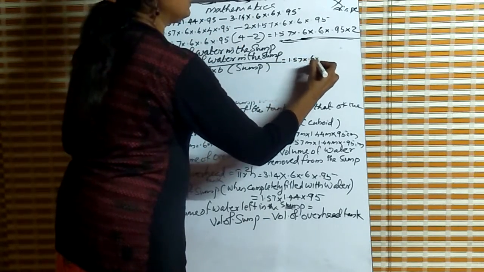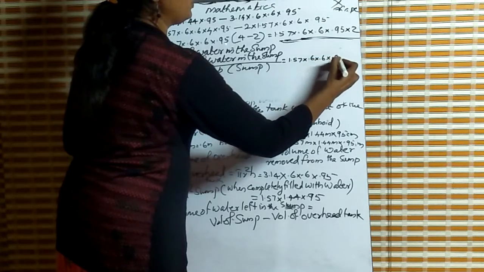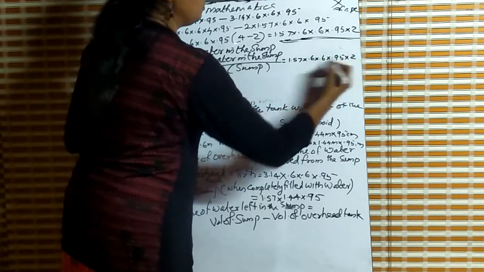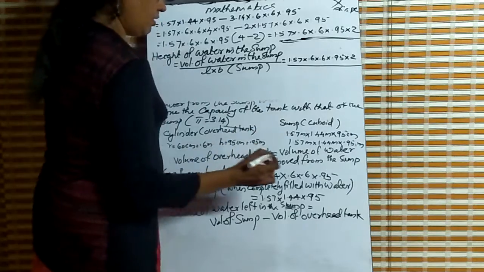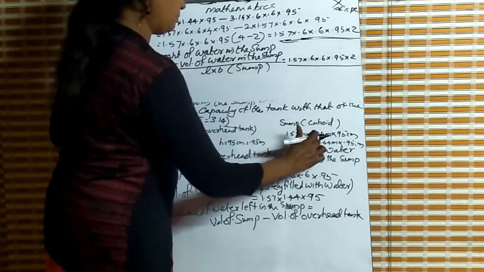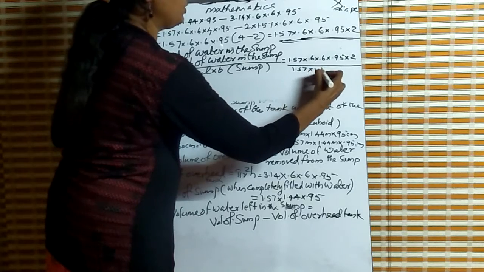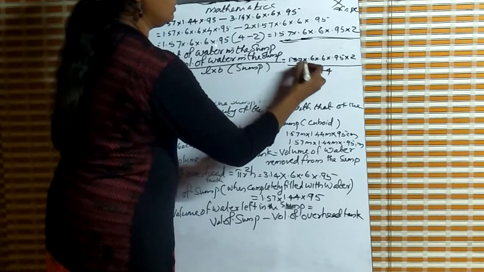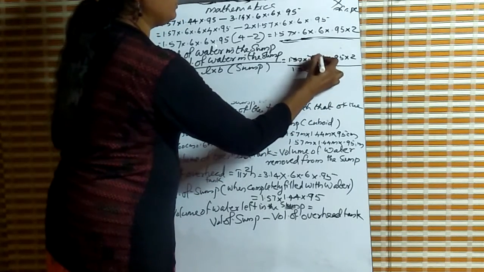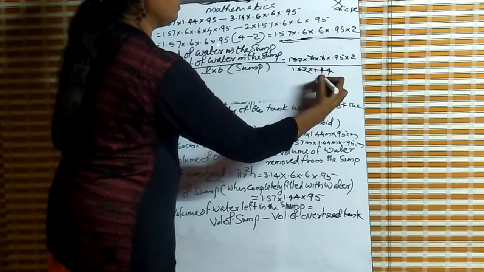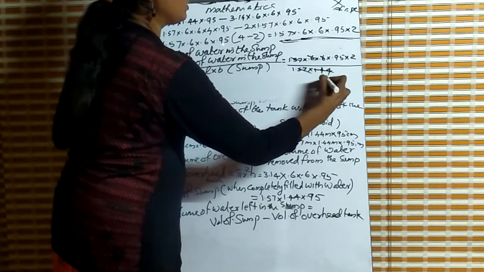Here volume is 1.57 into 0.6 into 0.6 into 0.95 into 2 divided by the length and breadth of the sump. 1.57 into 1.44, cancelled. 0.6, this 4.